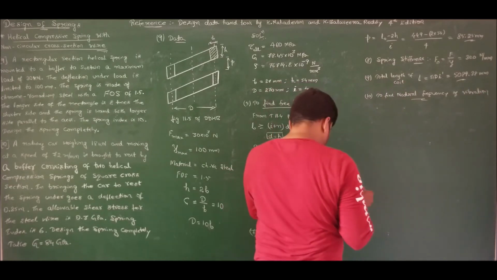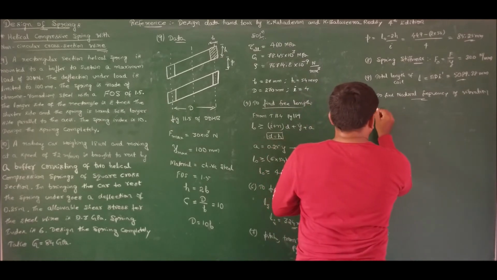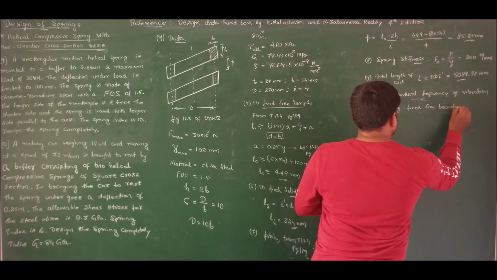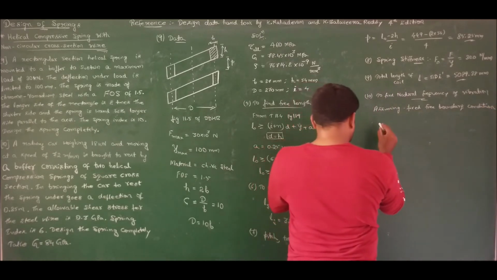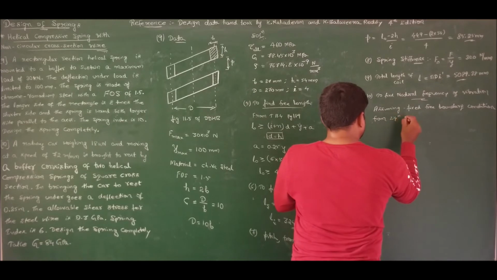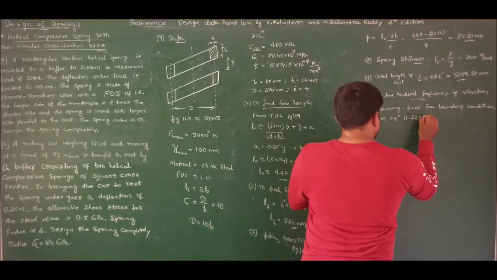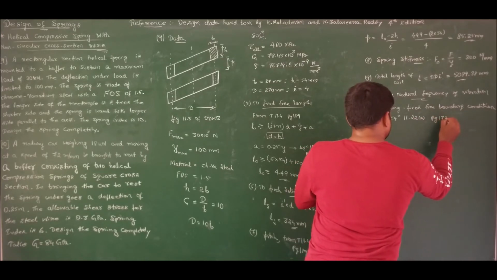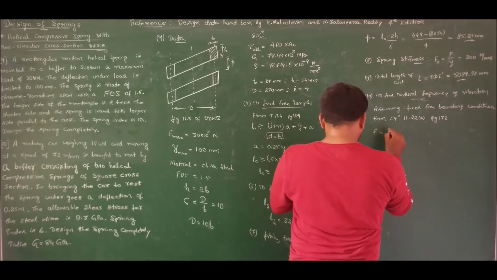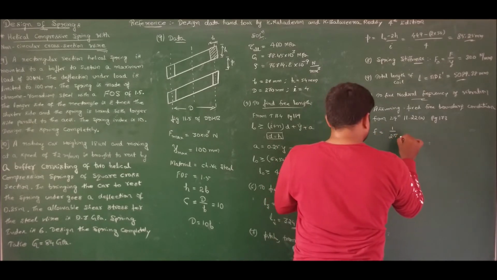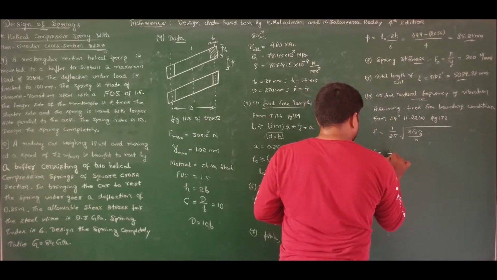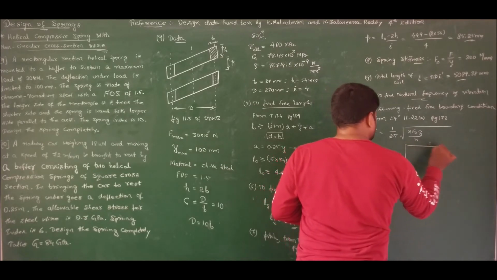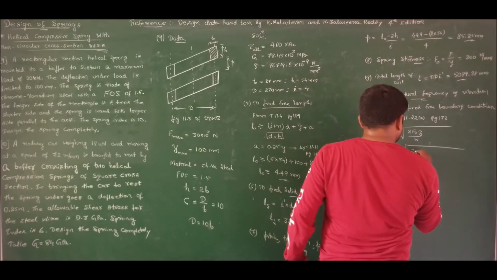Moving for last step, to find natural frequency of vibration. Assuming fixed free boundary condition, from equation 11.22a of page number 173 of our design data handbook, we have natural frequency f is equal to 1 by 2 pi into square root of 2 F naught g by W. So natural frequency of vibration is given by root of 2 times F naught.